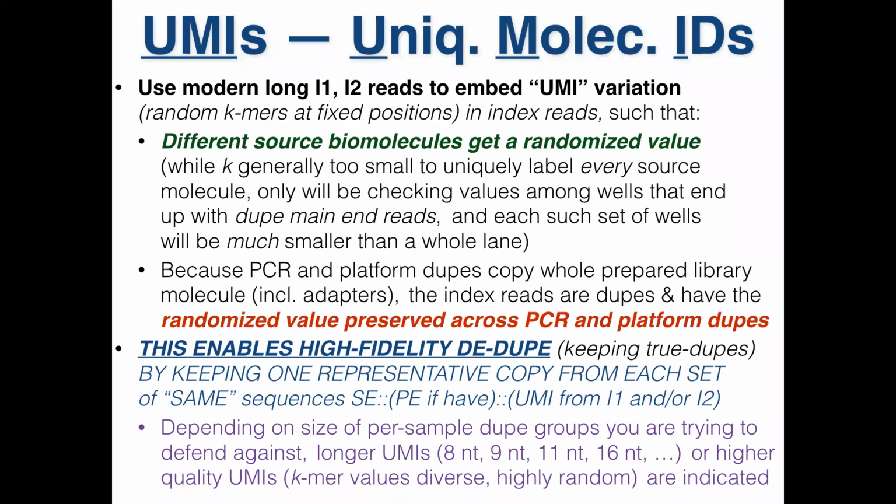So that's the idea, and that's what makes it ideal. UMI is the gold standard these days for dealing with duplication problems of all types, whether from the platform or PCR. A typical UMI size these days is maybe 8, 9, 11, a big one 16 nucleotides. In practice they're usually not perfectly diverse, not 25% each of A, C, G, T uniformly across the whole thing. They don't need to be.